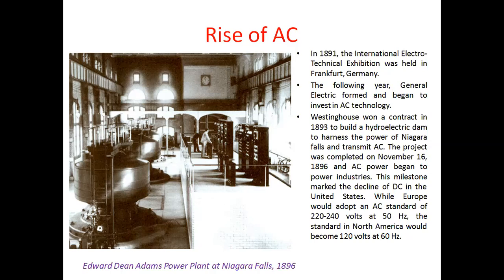Westinghouse won a contract in 1893 to build a hydroelectric dam to harness the power of Niagara Falls and transmit alternating current. The project was completed on 16 November 1896 and AC power began to power industries. This milestone marked the decline of direct current, DC, in the United States. Europe adopted an AC standard of 220 volts at 50 Hz, and in North America it was 120 volts at 60 Hz.